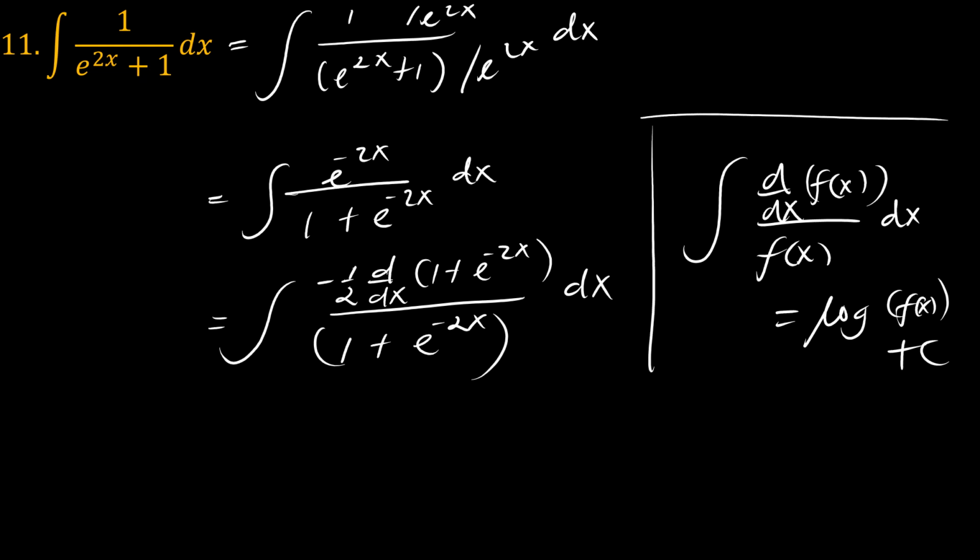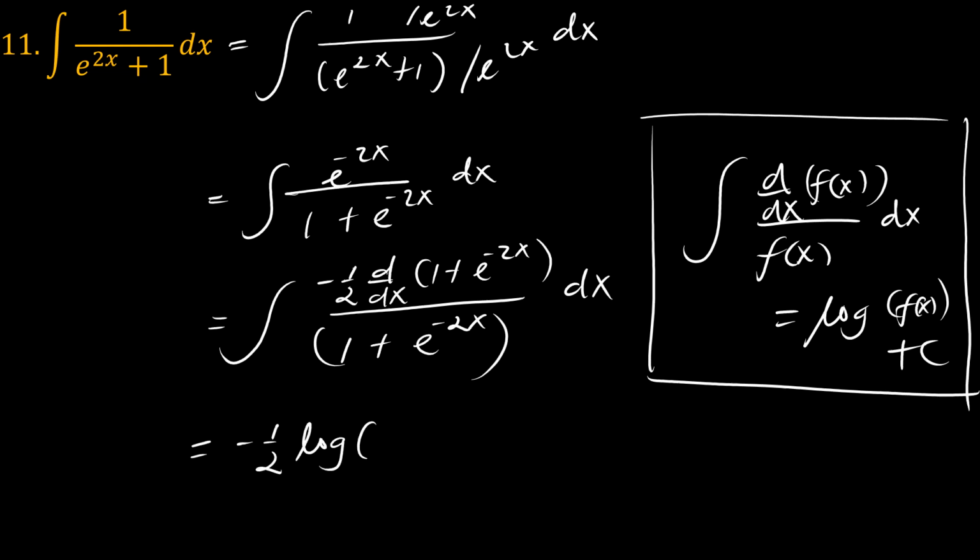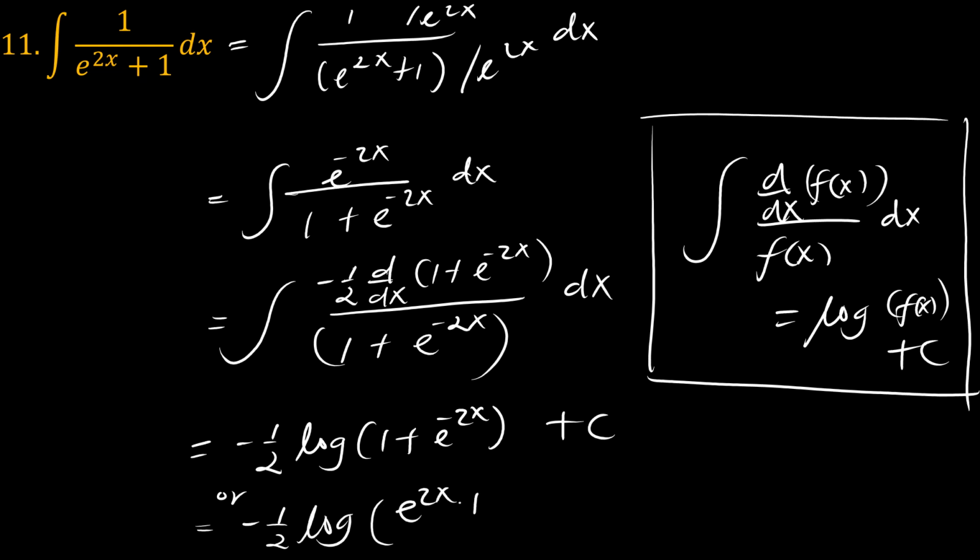So with that in mind, our answer becomes negative half natural logarithm of 1 plus e to the power negative 2x plus c, or is equal to negative a half natural logarithm of (e to the 2x plus 1) over e to the 2x, plus c.